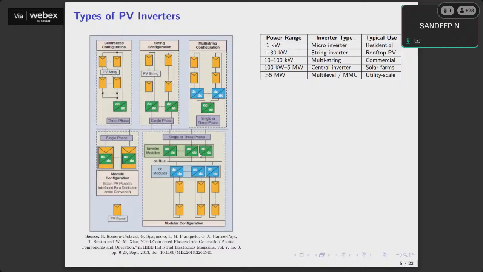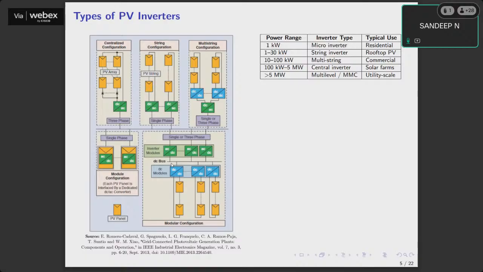If we wanted a single inverter to process all the power from this PV, the size of the inverter would be very large. So instead of a single inverter, we can have multiple inverters in parallel extracting power from the DC bus. What is the advantage of that?